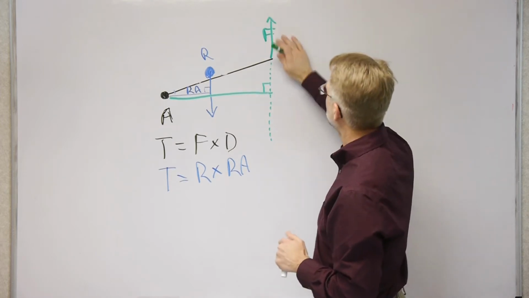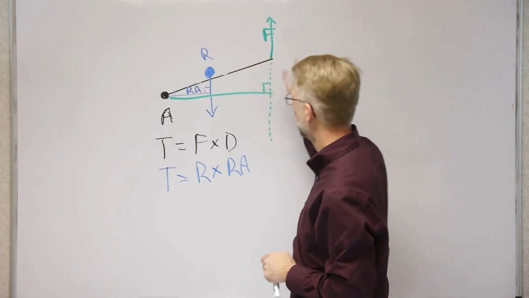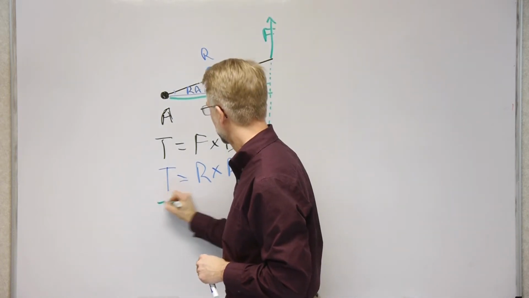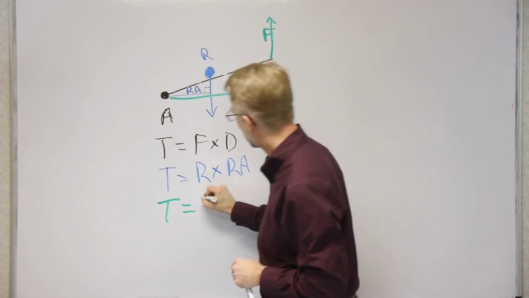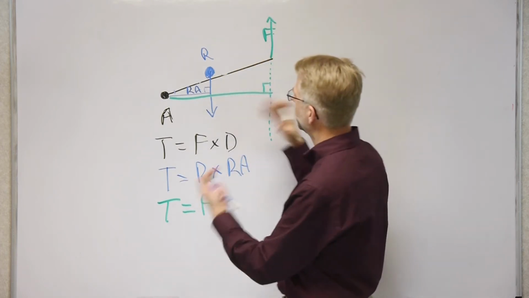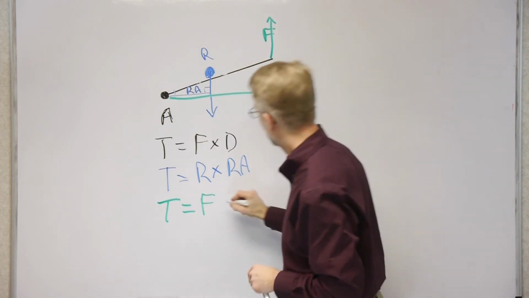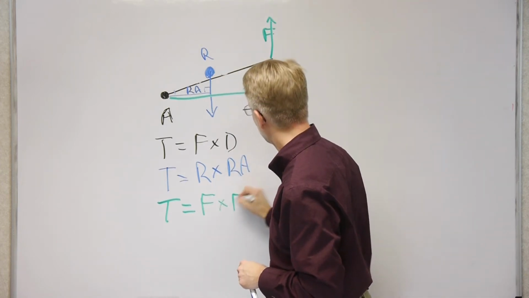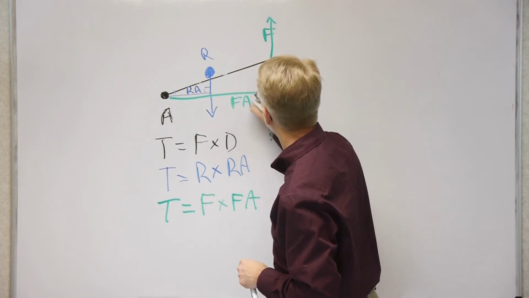On the other hand, the torque produced by our force out here on the end of the lever is going to equal this force, and we call it a force when it's the thing that's doing the moving, a resistance when it's the thing that's being moved, times the force arm, being this distance right there.